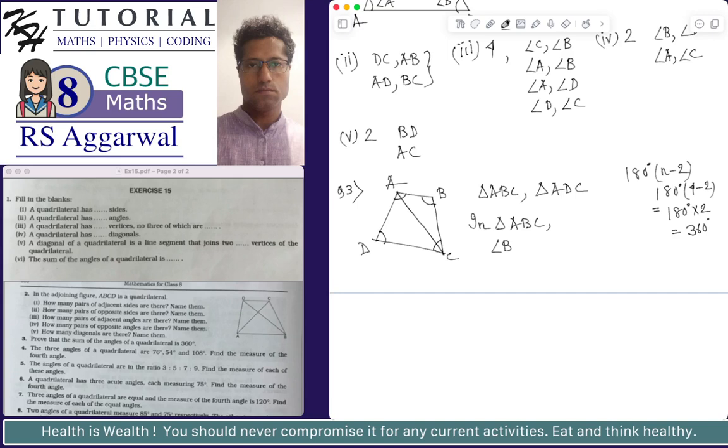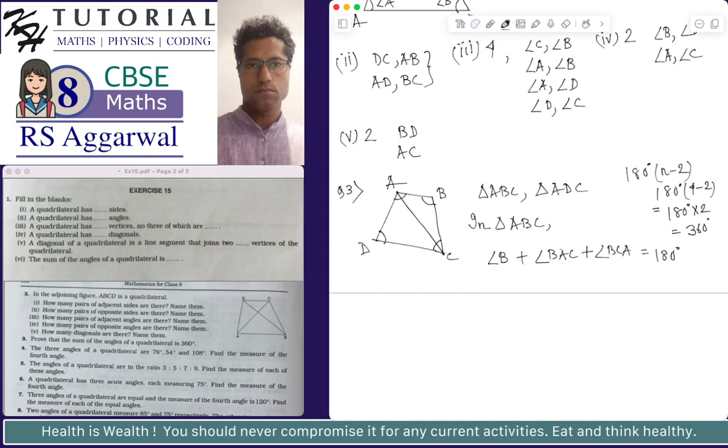So in triangle ABC, we have angle B plus angle BAC plus angle BCA is equal to 180 degrees, using the angle sum property of a triangle.